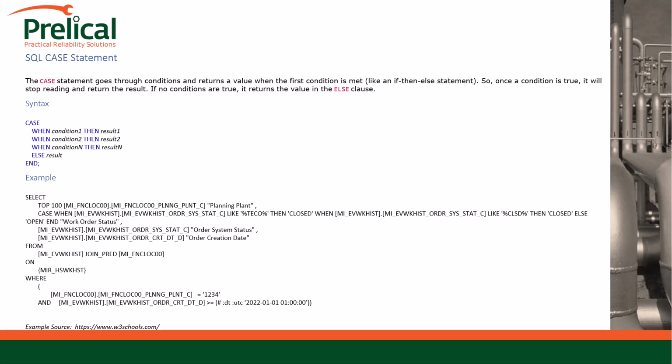So for instance, if the order system status is either TICO, technically closed, or CLSD, which is closed, then technically that work order is closed, even though it can have two different statuses that kind of mean different things, but for our purposes, they mean they're closed. So to make it easy in the query to see that, instead of having to muddle through all the different codes, you can use a case statement.